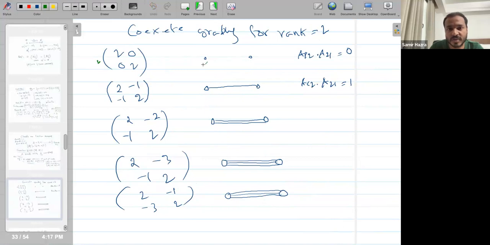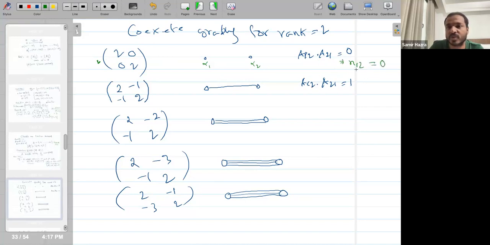Okay. So let's say alpha 1, alpha 2. 2 simple roots. So 2 vertices. And how many edges are there between alpha 1 and alpha 2? So it's clear that a12 times a21 is 0. So this is the entry a12, and this is a21. Their product is 0, right? So this implies n12 is 0.